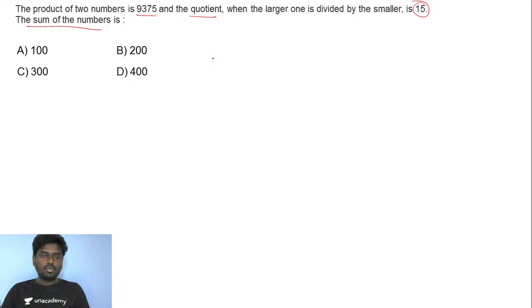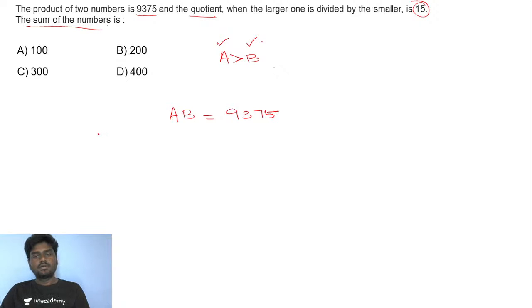Okay, so let me take two numbers. Let me take A, which is greater than B. So here A and B are the two numbers. If I take the product of A into B, that gives me the value 9,375.